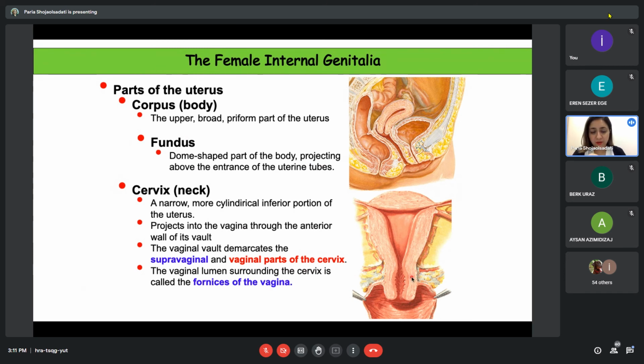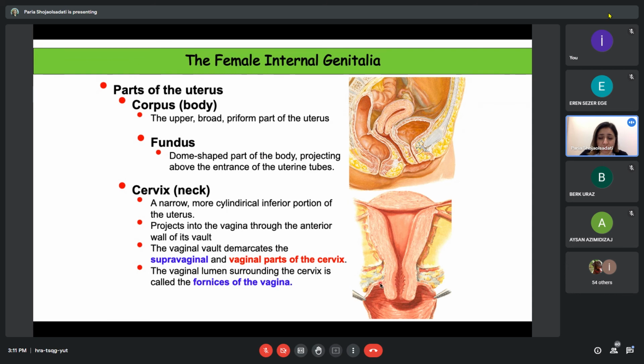The cervix is the inferior part of the uterus and is invaginated inside. This is the neck or the isthmus part of the uterus. Here is totally named the body part, and this dome-shaped structure is famous as the fundus. We can divide the cervix into two portions.